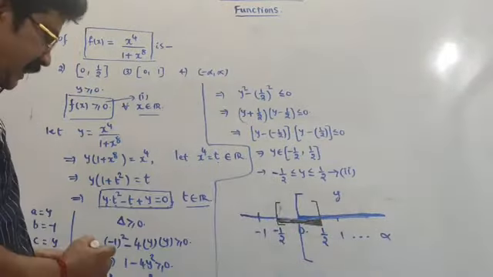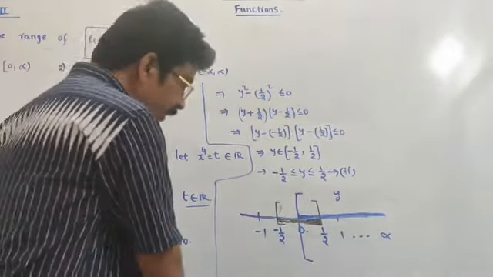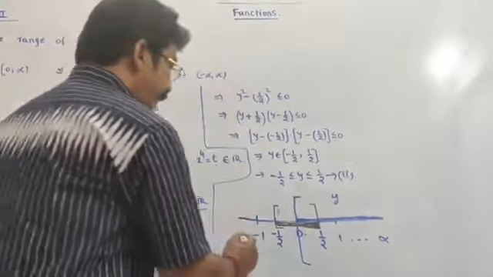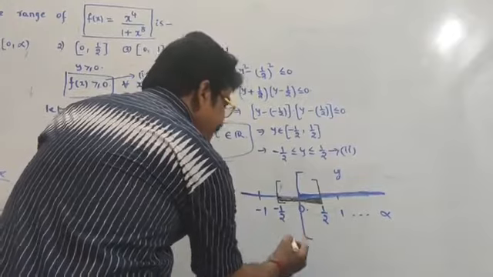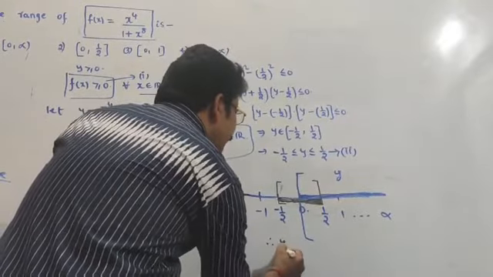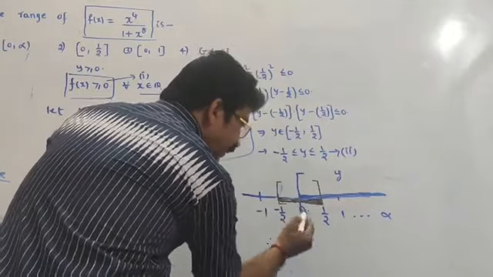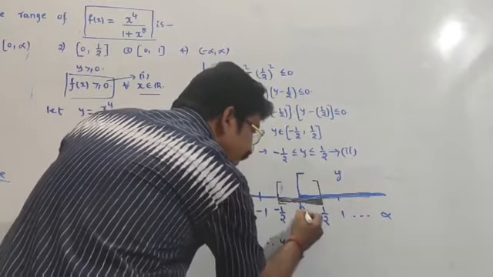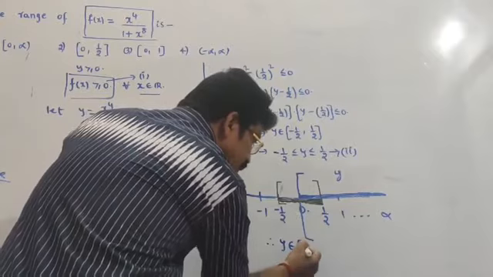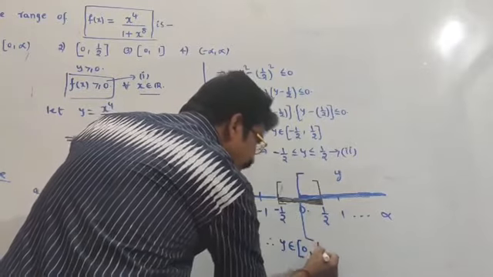Already we studied in linear inequalities. So the combined equation, y belongs to combined blue and black, means y belongs to closed interval of, it is also closed, 0 comma plus 1 by 2 only.